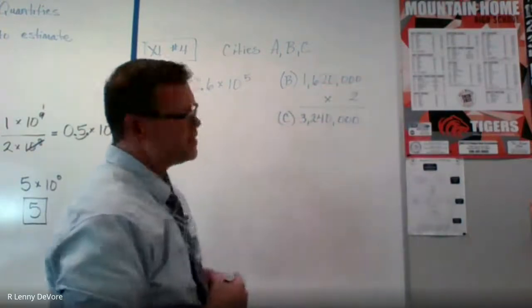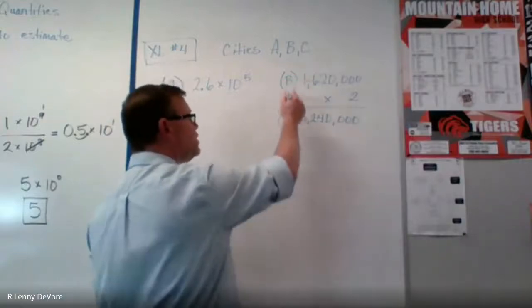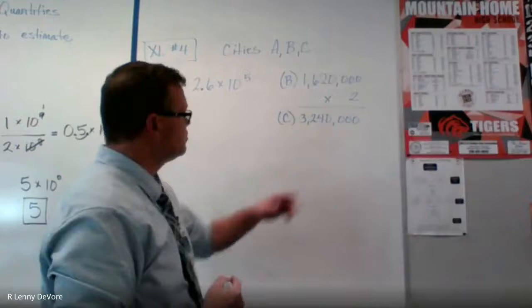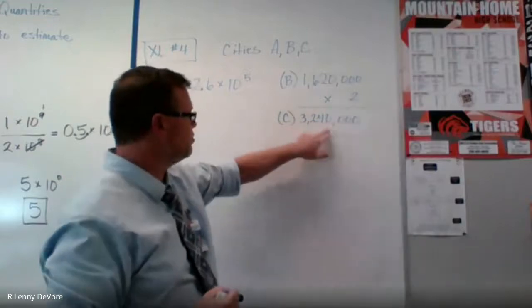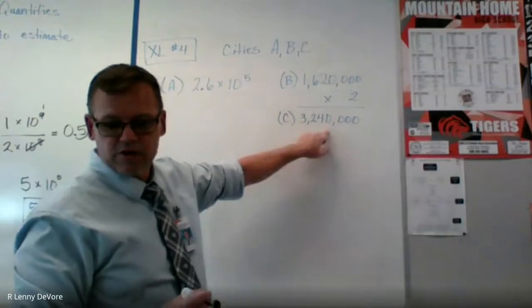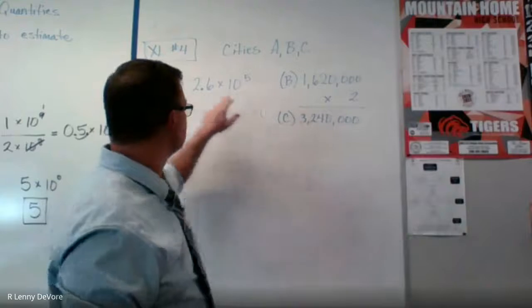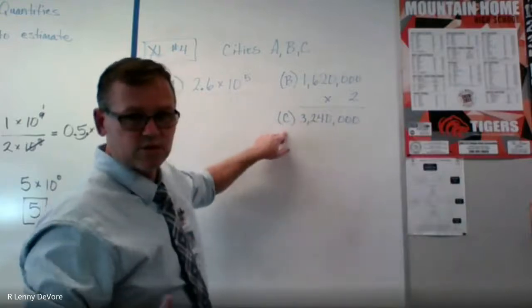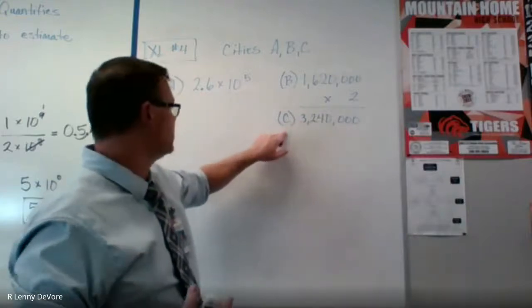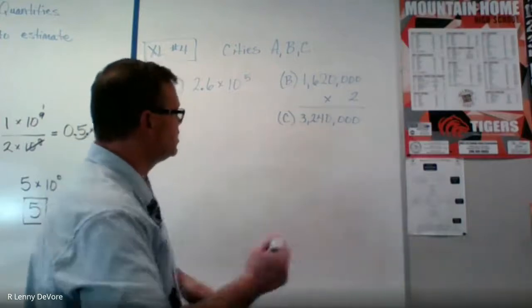They tell us that city C is twice as large as city B. Okay, so what I did was I multiplied this number by 2 to get the population of city C. Now, in order to do this so that we can actually compare city A to city C, because that's what they're asking for, is a comparison, I have to turn this into scientific notation.